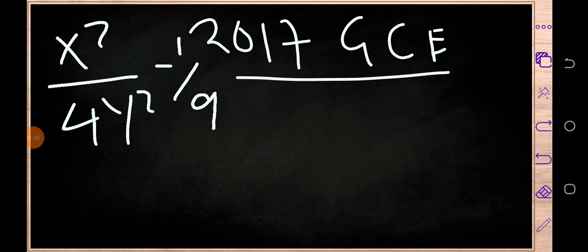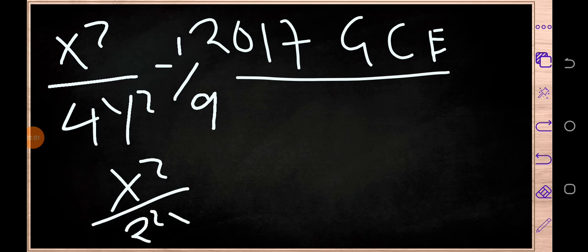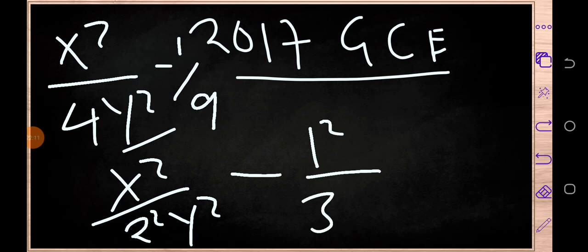Okay, so what we're going to do, we're going to write the numbers which have not been written in index form. So our work will be like this. So the square root of 4 is 2 squared. Then we write this y squared minus the square root of 1 is 1 itself. Then square root of 9 is 3 to the power 2.